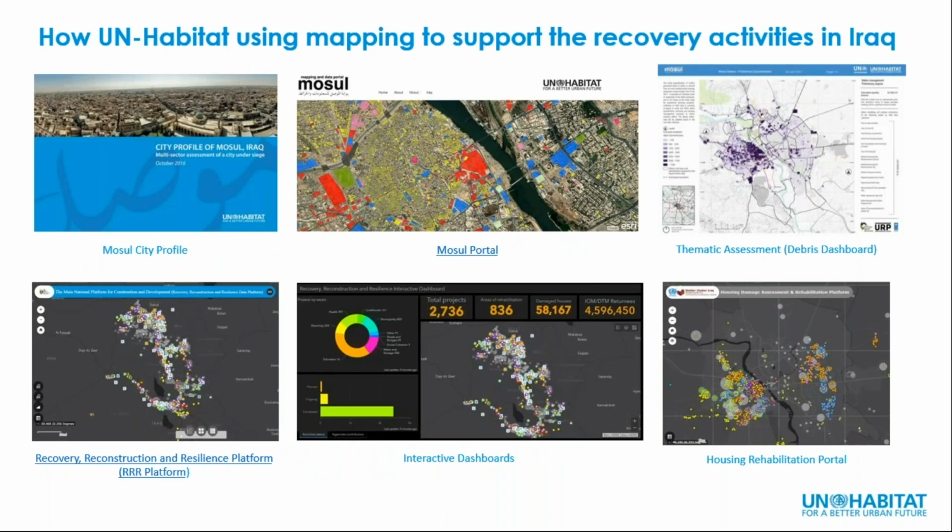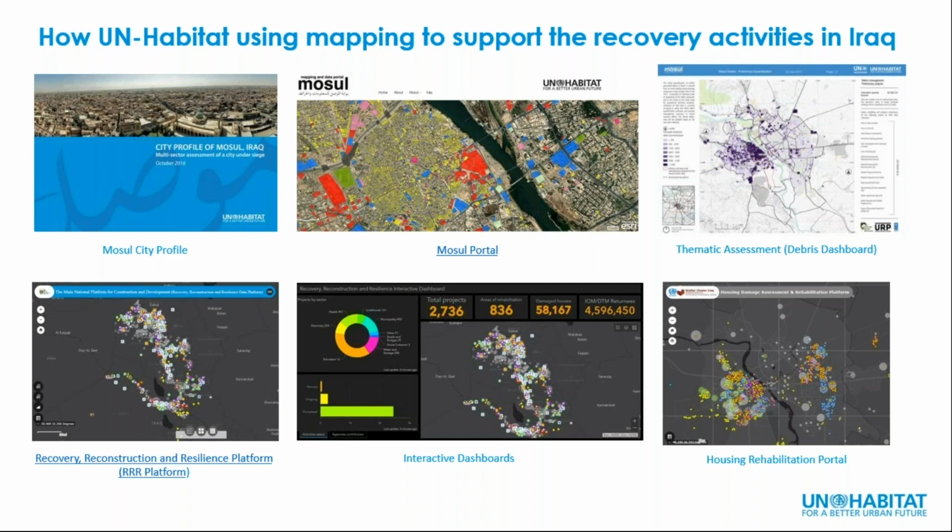UN Habitat considers mapping and GIS a major duty to support the recovery activities in Iraq. After 2014 and the conflict caused by ISIL, mapping had a major role in preparing the Mosul city profile, which includes a comprehensive mapping assessment of the city's infrastructure, housing, social services, and demographics to help plan humanitarian and development assistance.